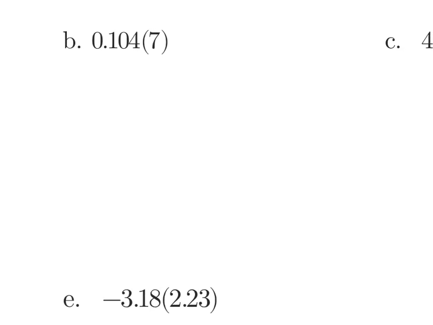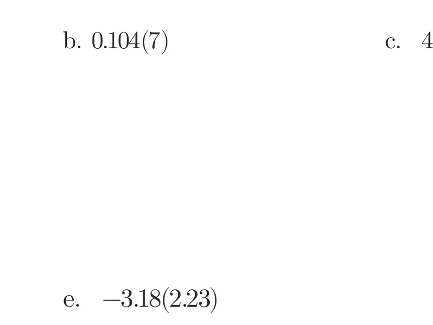All right, let's look at B. We have 0.104 times 7. Now, the one thing I want to point out on this is remember that we always like putting the larger number on top. Now, when we talk about larger number in terms of multiplication, we don't want to think about which number is actually larger.